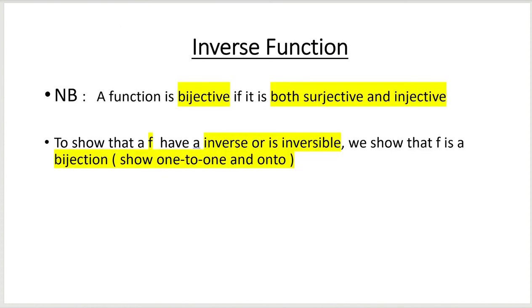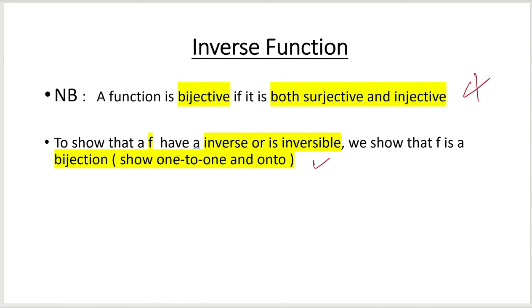Another thing that you have to notice is that when we call a function a bijection, we had to show both injection and surjection, and we saw how to show this. Basically it's saying that we have to show one-to-one and onto. And when it's a bijection, that means we have the inverse. So to show a function is invertible, or has an inverse, we show one-to-one and onto, or we show the function is a bijection.